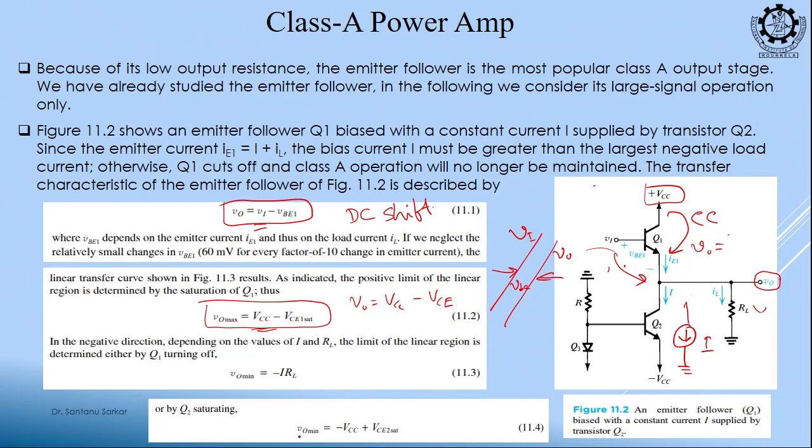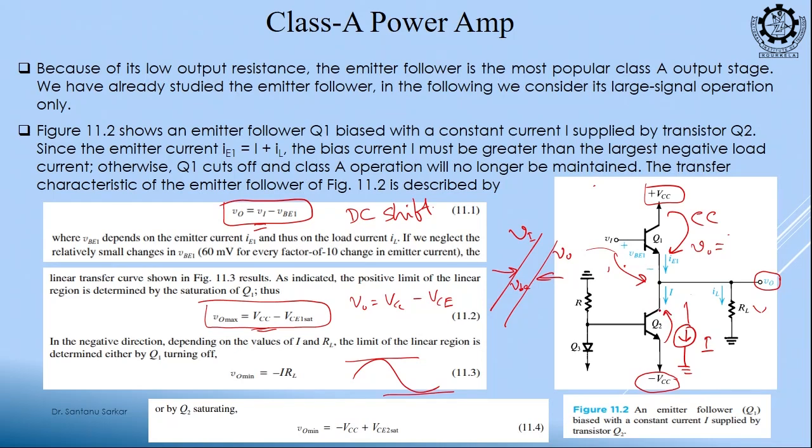And if we want to discuss the minimum value of V0, so we are discussing what could be the maximum value of V0 and what is the minimum value of V0. So, what could be the minimum value of V0? It should be defined by the lowest point. Lowest point is minus VCC, it will be above this VCE.